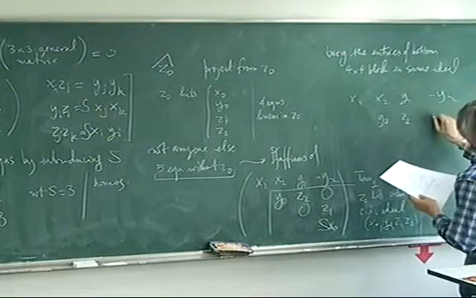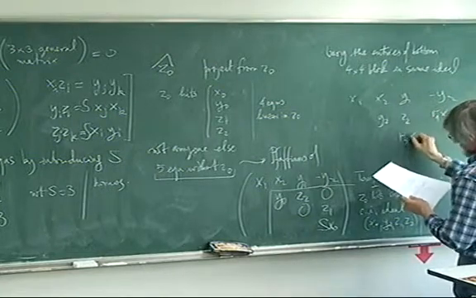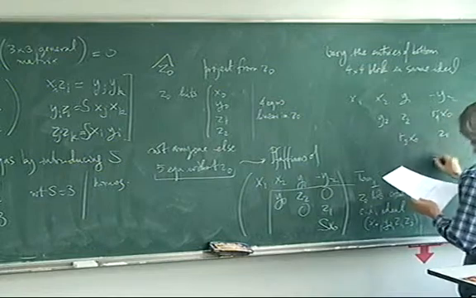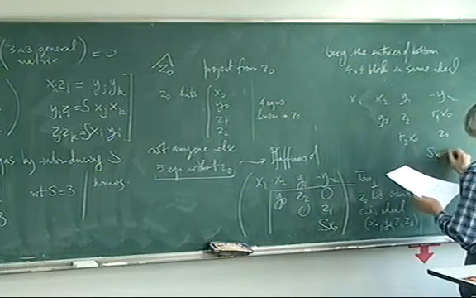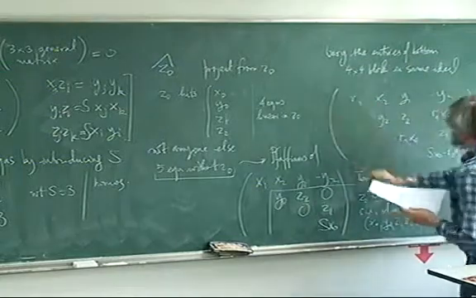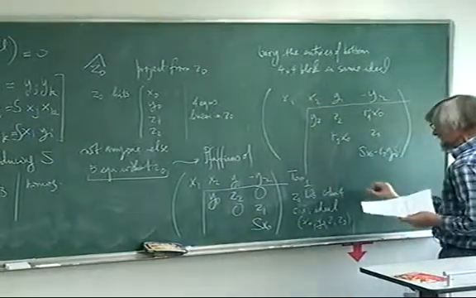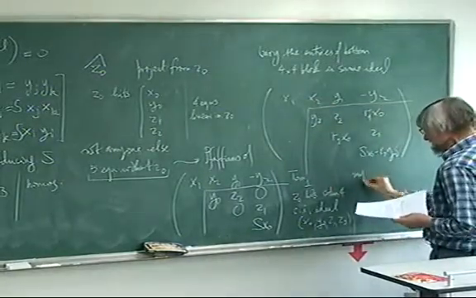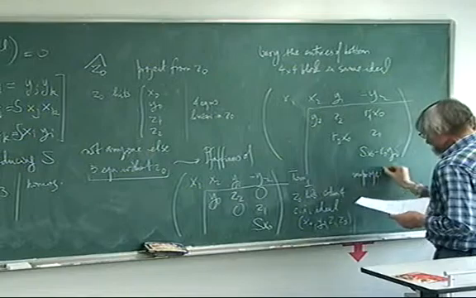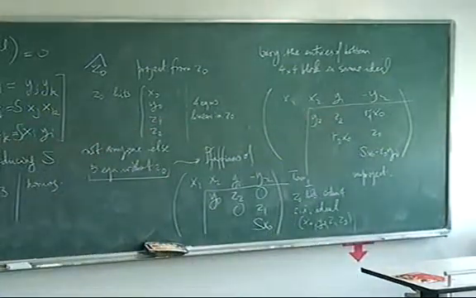And then here I'm going to write down r1 x0, and here r2 x0, z1, and then s x0 minus r0, y0. So this is still, so I can unproject.